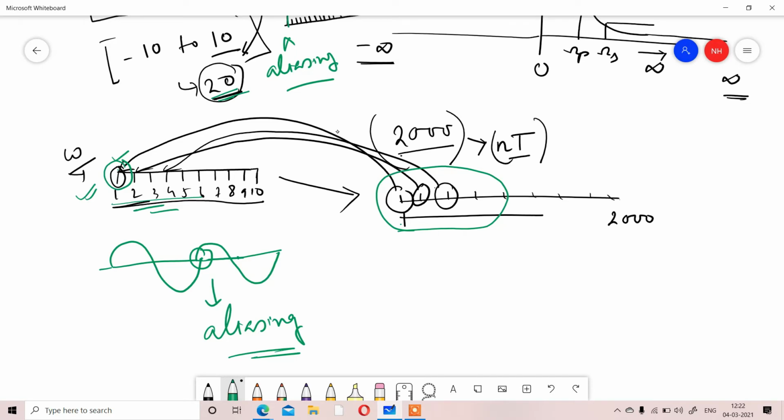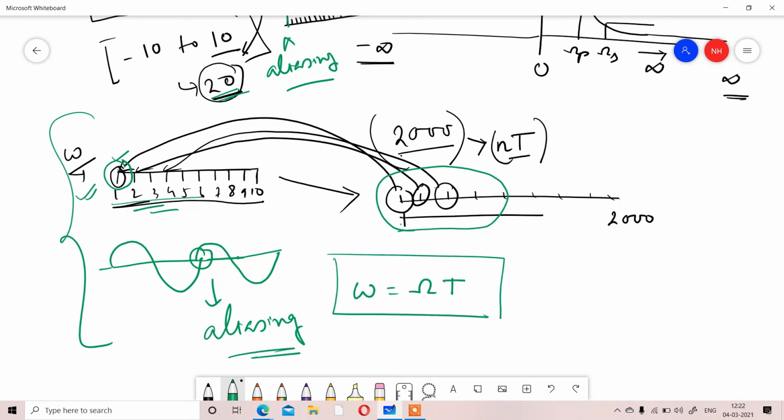Means what? Aliasing will happen if we consider omega equal to omega T. So obviously for the impulse invariant method you have to use that, otherwise you will not get your digital filter from the analog filter.